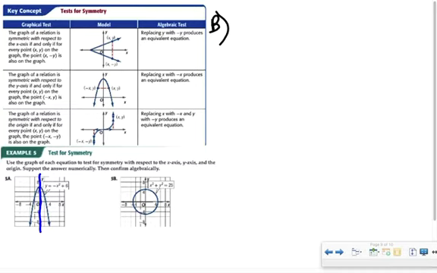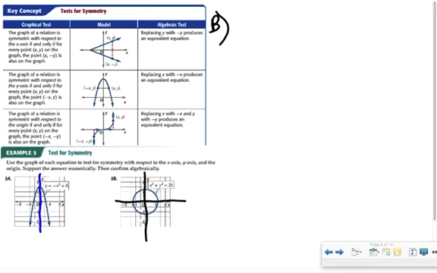Part B. First part of the instructions are to test it for symmetry over the x-axis, y-axis, and the origin. And looks like it's symmetrical over the y-axis. Looks like it's symmetrical over the x-axis as well.